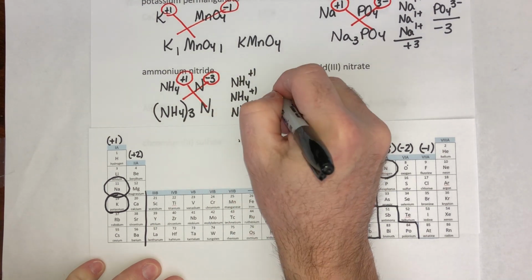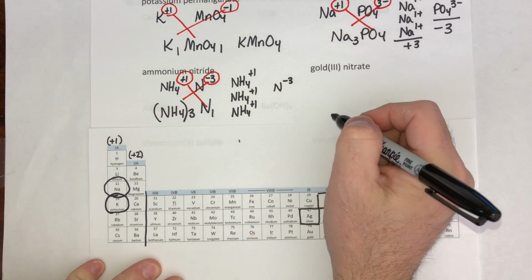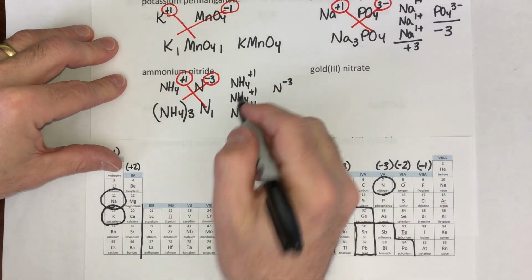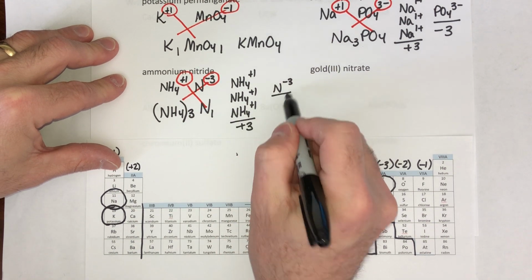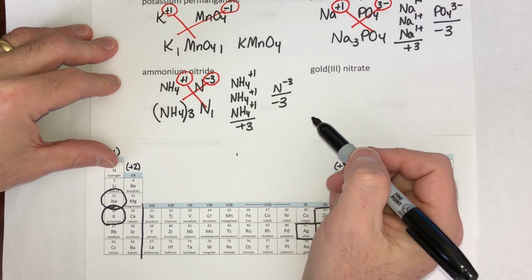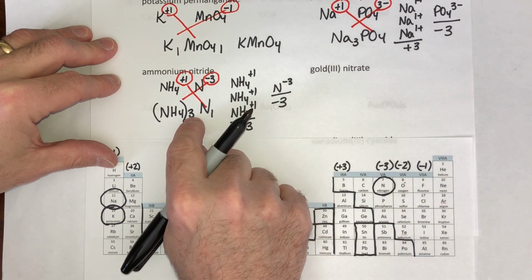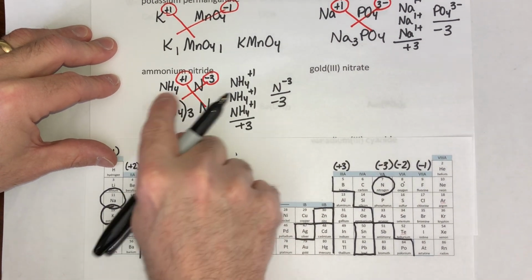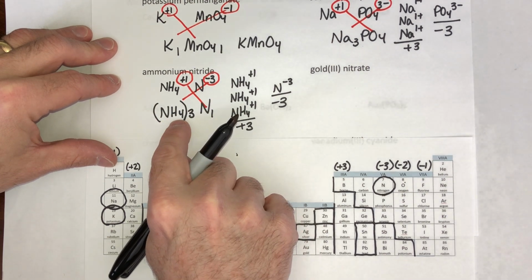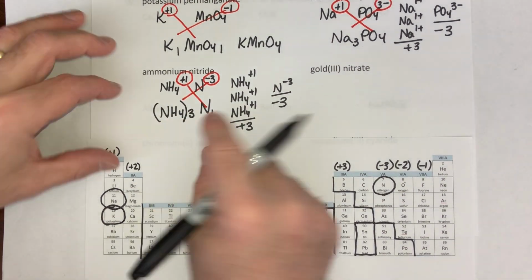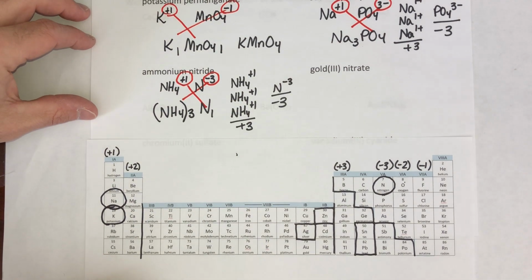And I have one nitrogen, -3. That way I have a total of +3 and a total of -3, so my charge is balanced. So this 3 is telling me that I have 3 of the entire group, and that way you don't get confused about this being a 43. You've got to use brackets.